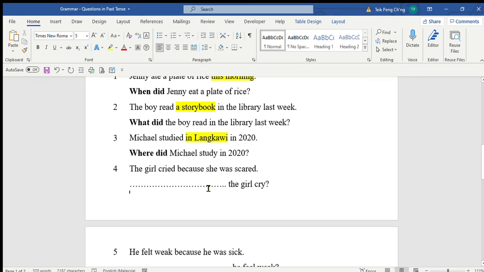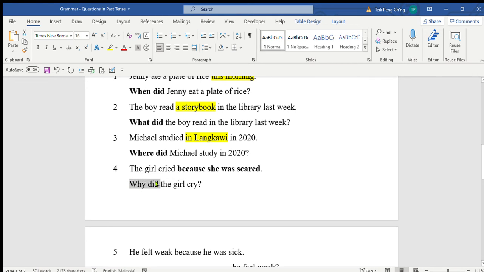Number 4. The girl cried because she was scared. So what is the missing information? Because she was scared. So this is the reason. So when we want to ask about the reason, we use why. Why did the girl cry?